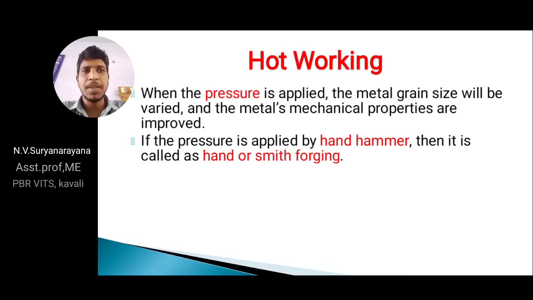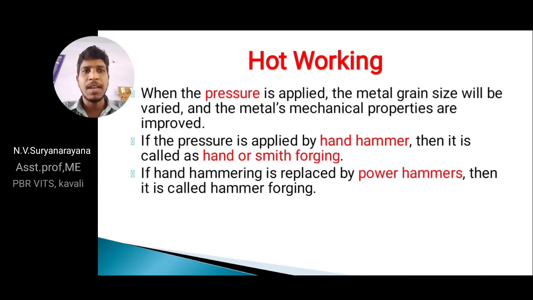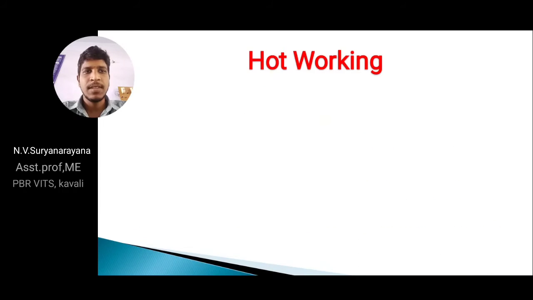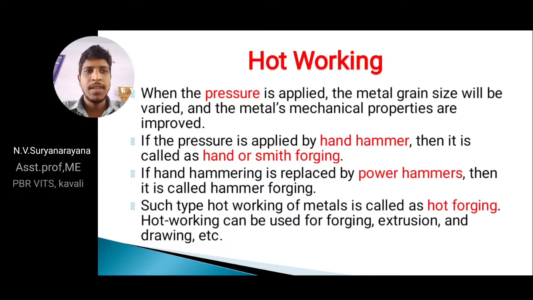If the pressure is applied using hand hammers, that is known as hand or smith forging. Then, when the hand hammer is replaced by power hammers, it is called hammer forging. Hot working is used for forging, extrusion and drawing.